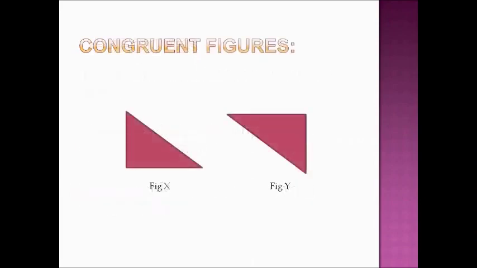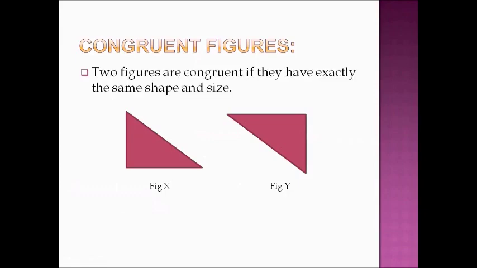So let's begin. As you can see, there are two triangles on your screen. Are they congruent? What are congruent figures? Two figures are congruent if they have exactly the same shape and size.